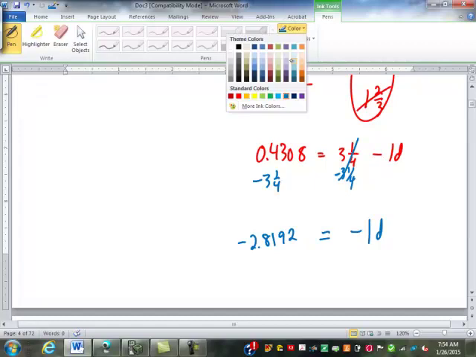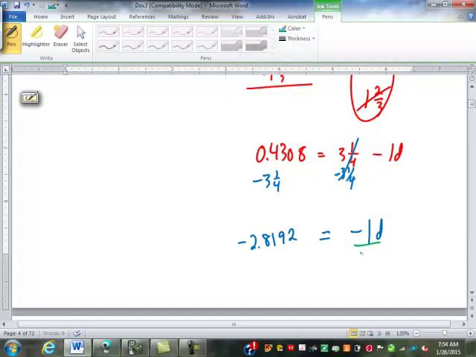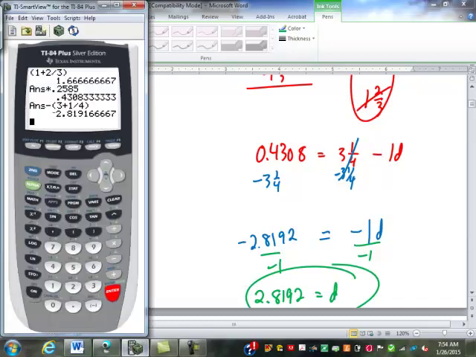And now all that's left to do to solve this is divide by -1. So that becomes a positive 2.8192 as the small diameter. I could use my calculator to divide by the -1 if I want to. It gives me the same thing. If I need more digits, I can go up more digits on my calculator display. Of course, the last digit here is rounded, because your calculator always rounds that last digit if it has to. But we know that it's accurate up to that point because I didn't write it down and type it back in.